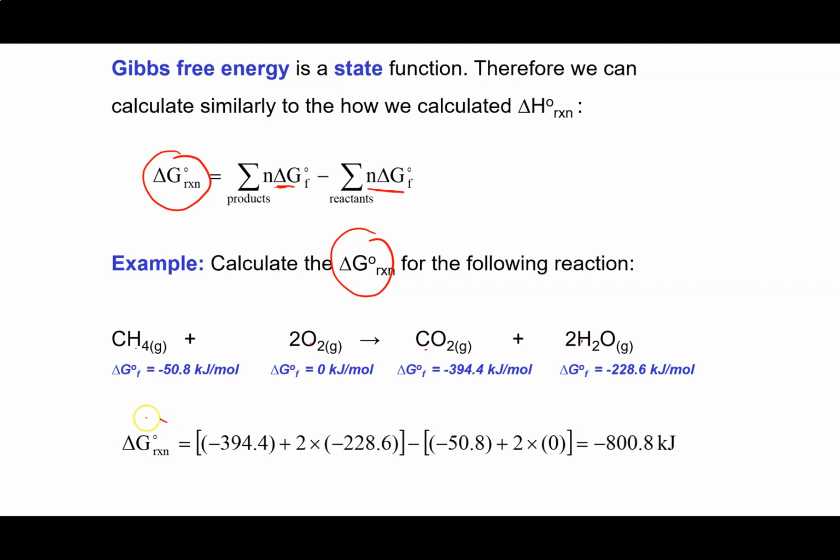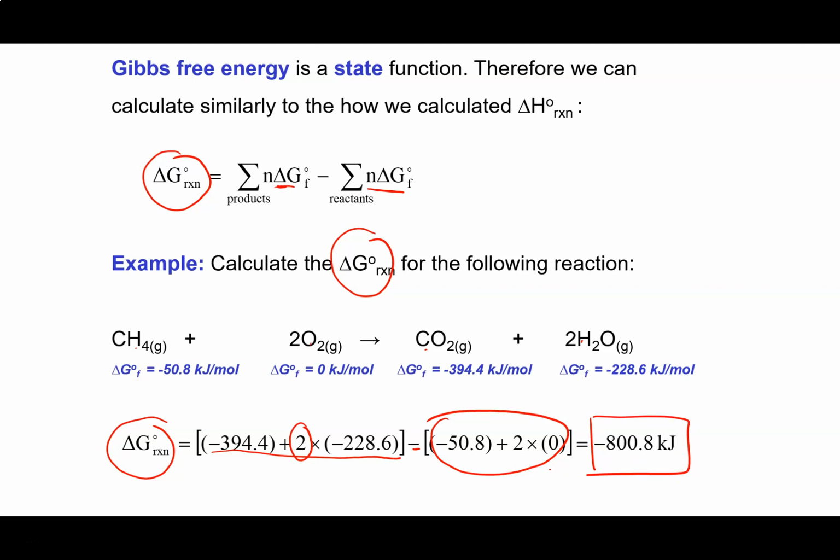Then to get the Gibbs free energy change for the reaction, I take the sum of the product Gibbs free energies of formation, remembering to account for each mole of substance, and subtract from that the sum of the Gibbs free energies of formation for each reactant. And there I get that number, and in this case delta G is less than 0, so I know that this process is spontaneous.